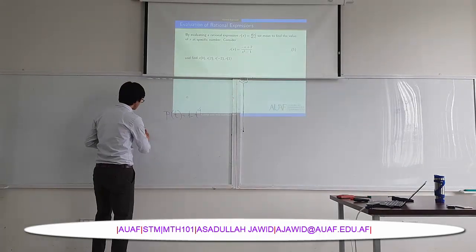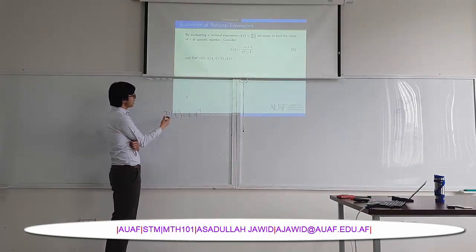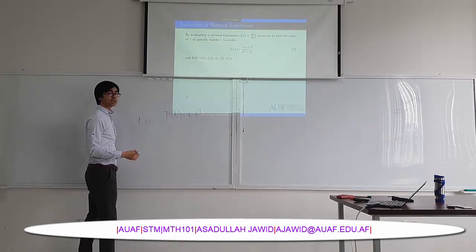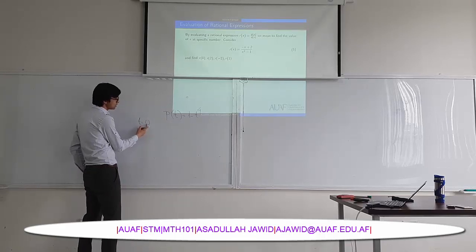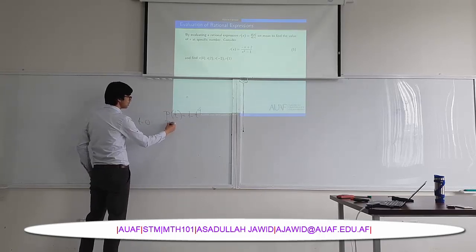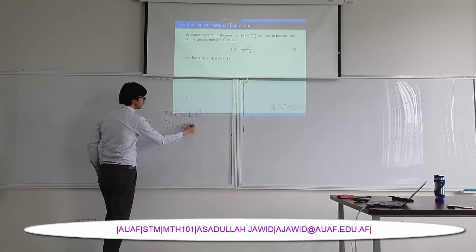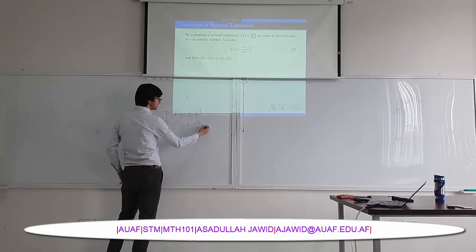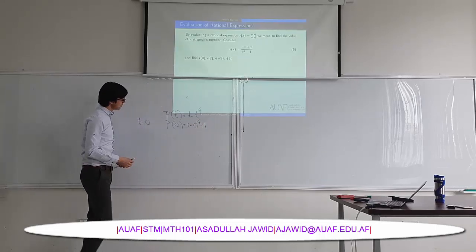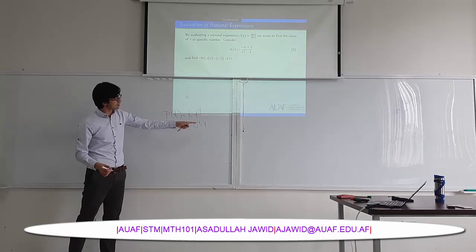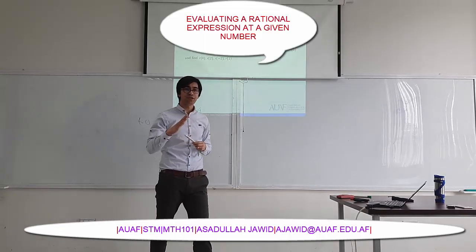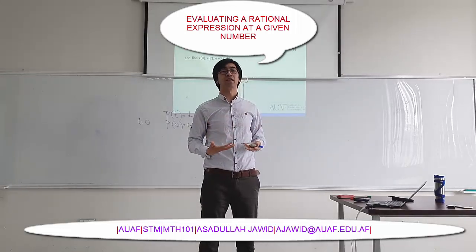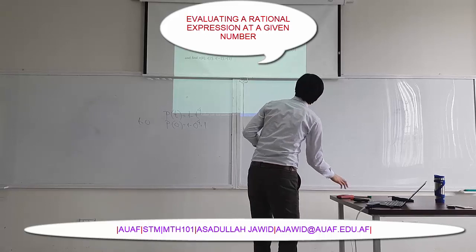If I want to see the value of P when t is equal to 0, I simply substitute 0 instead of t in the polynomial. P of 0 is equal to 1 minus 0 to the power 4. 0 to the power 4 is 0, therefore the value of P at 0 is equal to 1. The same procedure is applied when we want to evaluate a rational expression at a given number. Let's see how it works.